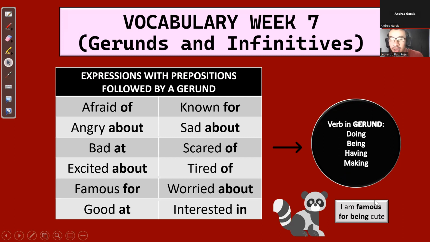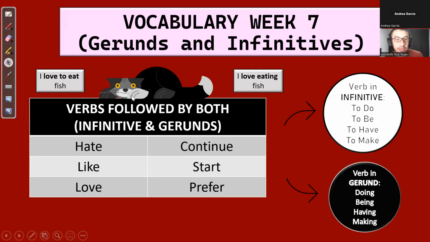In that case, these six verbs can use gerunds or infinitive, and it's the same. They can be hate to do something and hate doing something, and it's exactly the same. Hate, like, love, continue, start, and prefer. I can say I prefer to have a lot of time, I prefer having a lot of time, and both are okay.